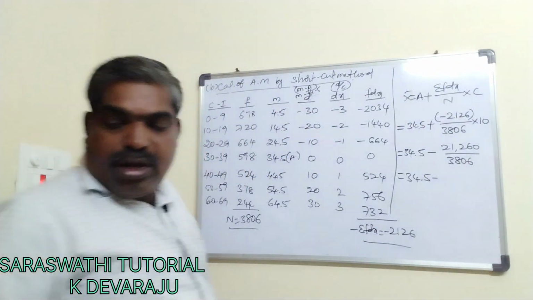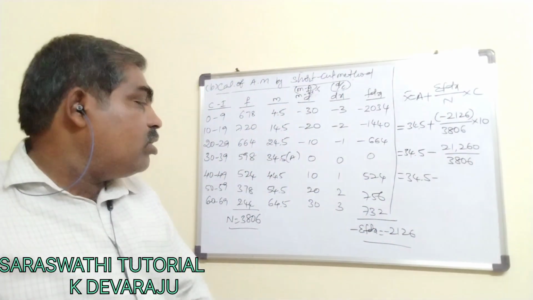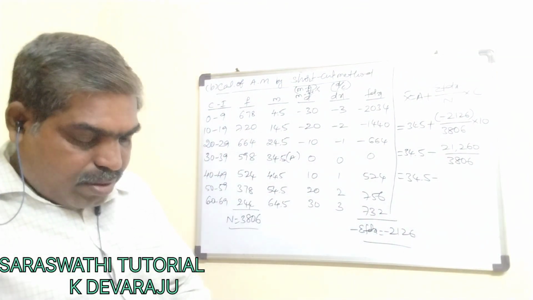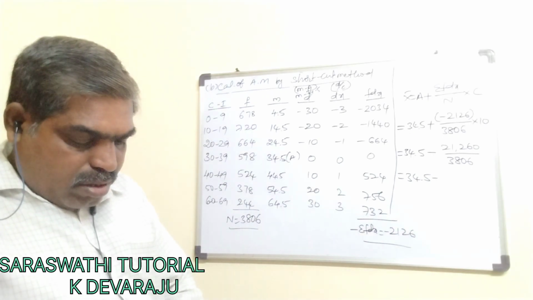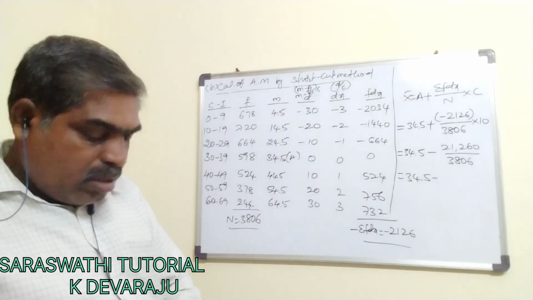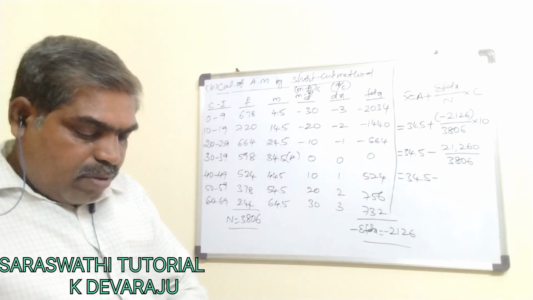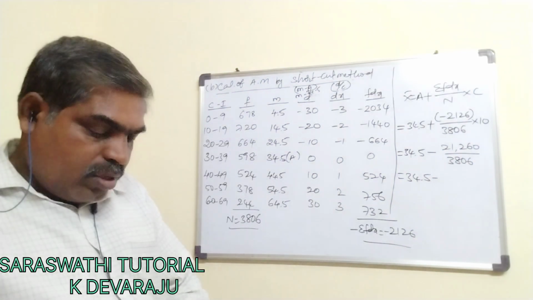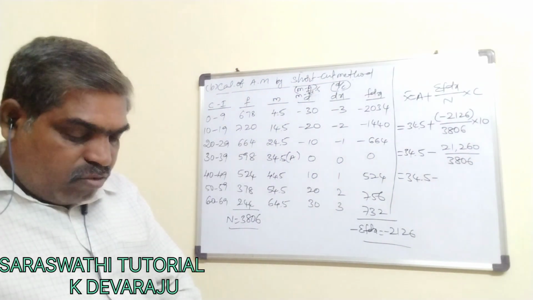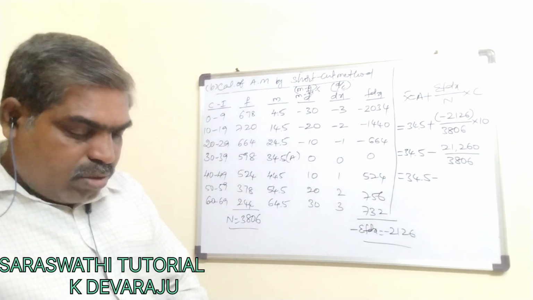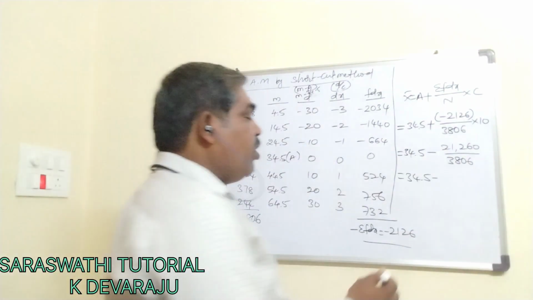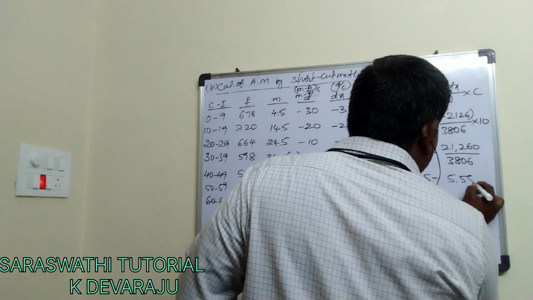34.5 minus 21,260 divided by 3,806, which is 5.585.